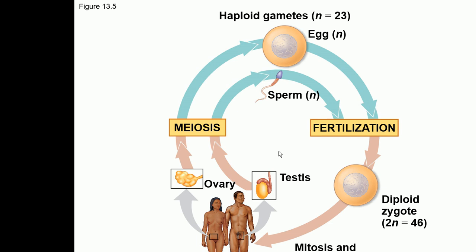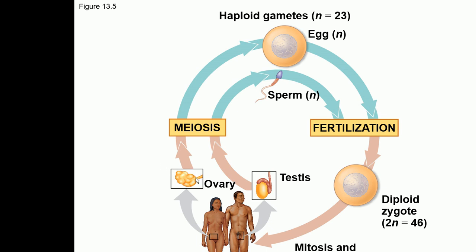Then this zygote multiplies by mitosis, and by mitosis there is growth and development. It forms the adult, and when they go through puberty, then with the help of the division called meiosis, they form their own sex cells.